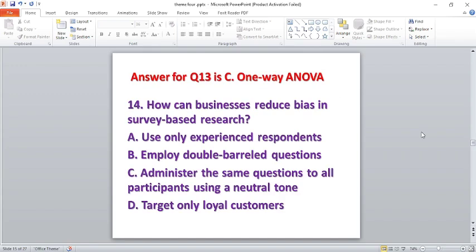Question number 14. How can a business reduce bias in survey-based research? A. Use only experienced respondents. B. Employ double-barreled questions. C. Administer the same questions to all participants using a neutral tone.